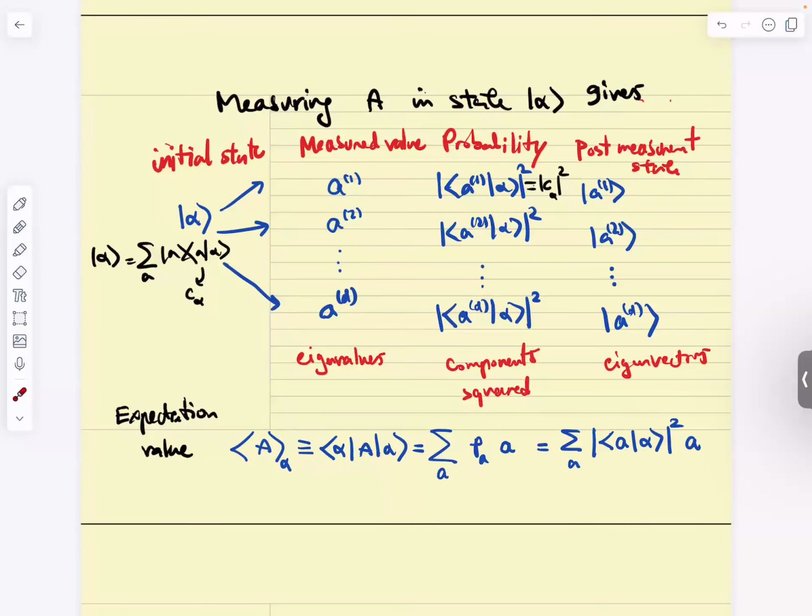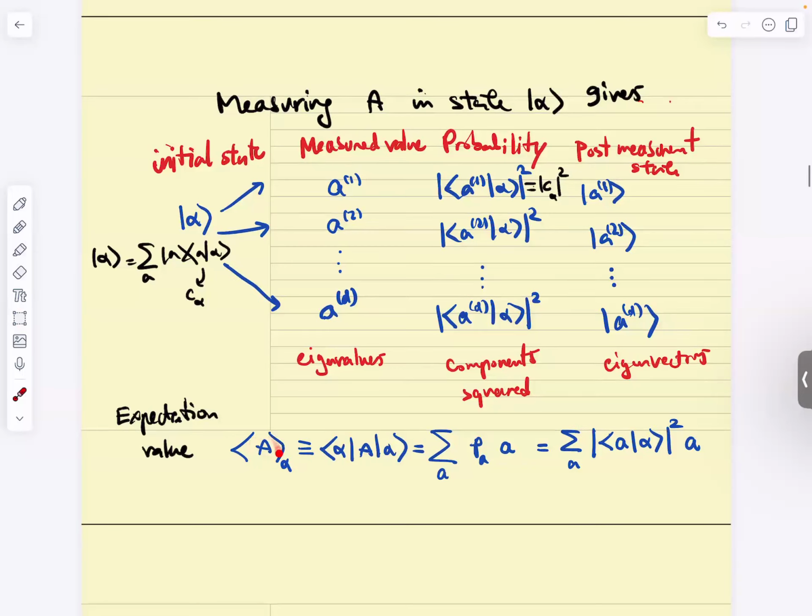So what comes in is a ket, a state. What comes out of the measurement is a probability distribution over all sorts of different possibilities. Every time you have a probability distribution over different possibilities, you could talk about the expectation value of that observable.